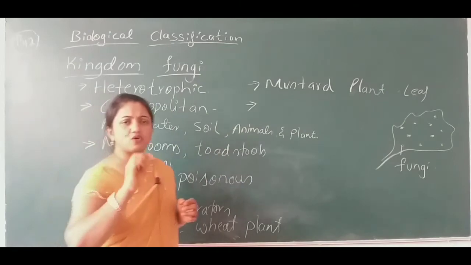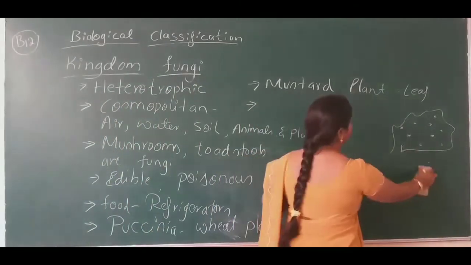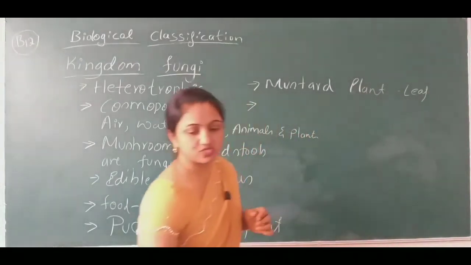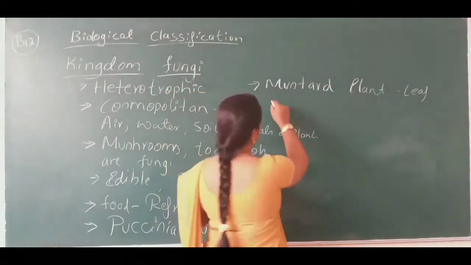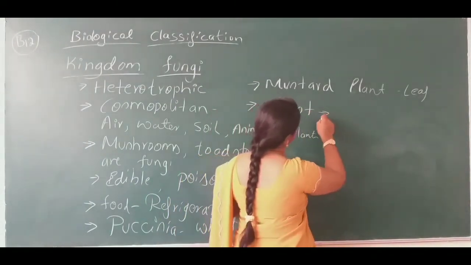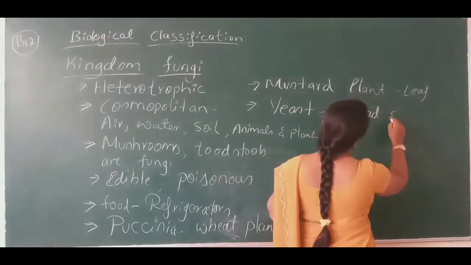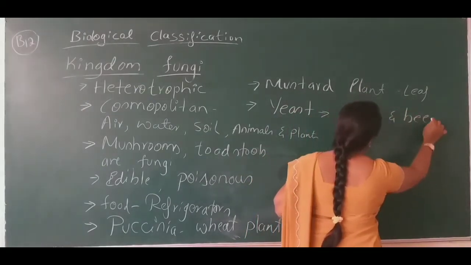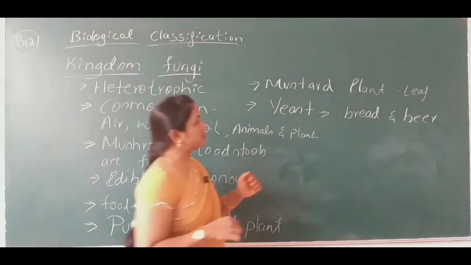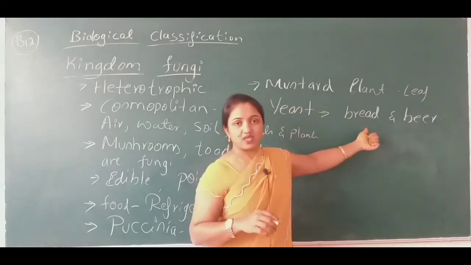And not all fungi are harmful. Some fungi are edible, like mushroom, and also fungi like yeast. Yeast has been used in the preparation of bread and beer, in the preparation of alcohols, and of bread or cake.